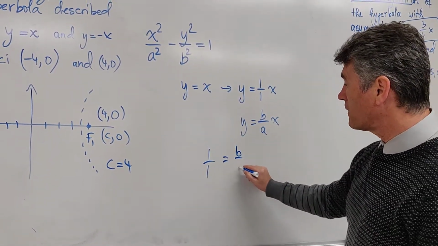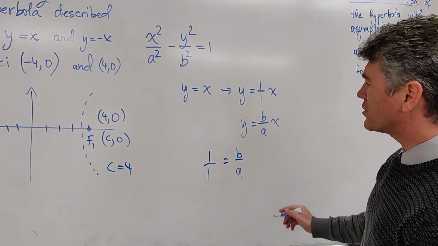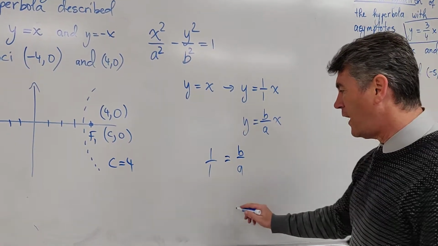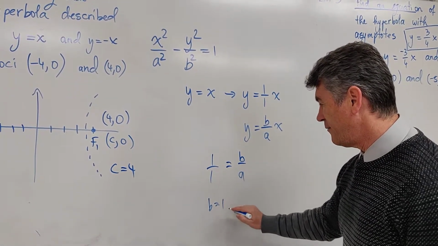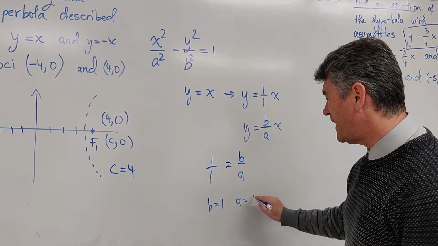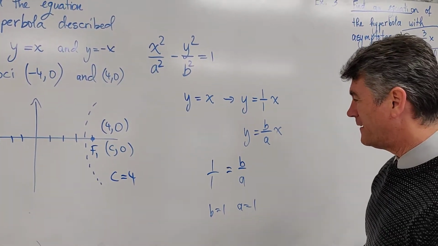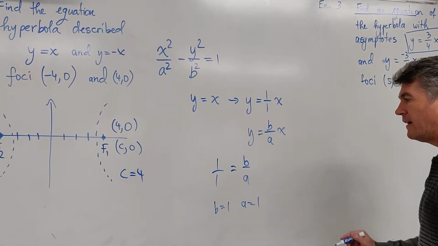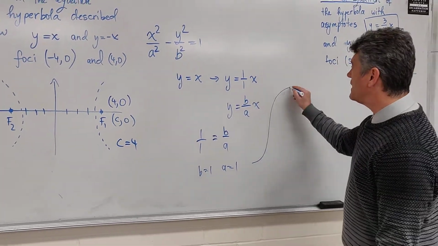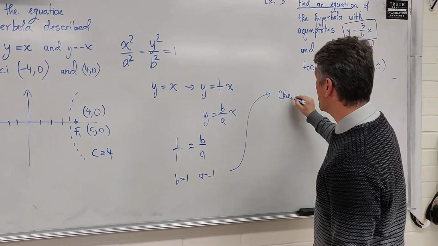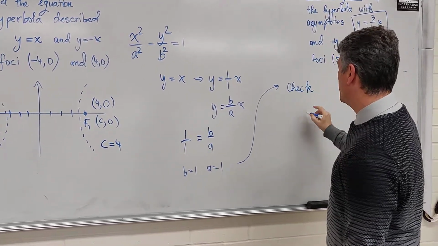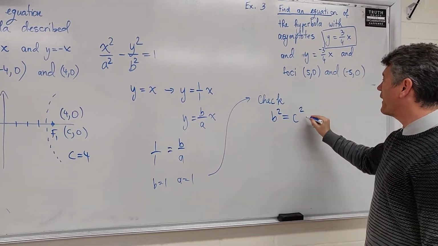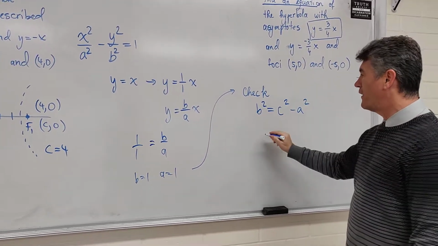And we'll jump to a conclusion. We'll say, oh, this problem's so easy. b must be 1 and a must be 1. b equals 1 and a equals 1. And we'll be happy, and we'll even think that we have the equation of our hyperbola. Please don't be happy yet. Check. Do check. Is b squared equal to c squared minus a squared?